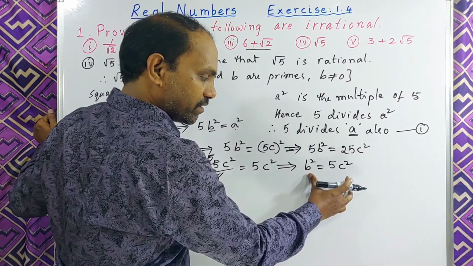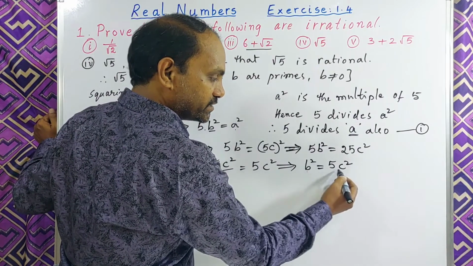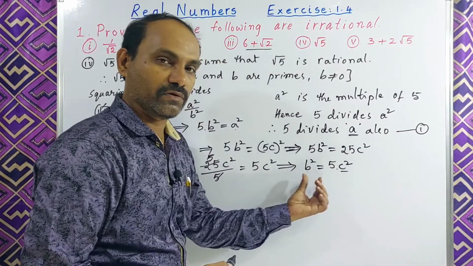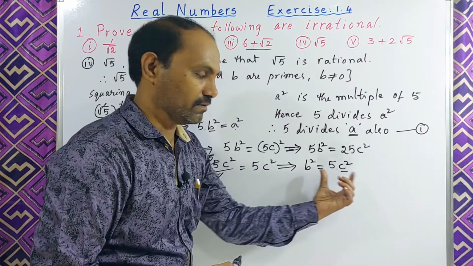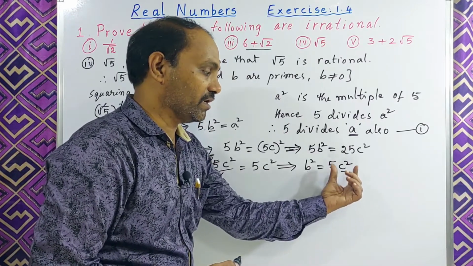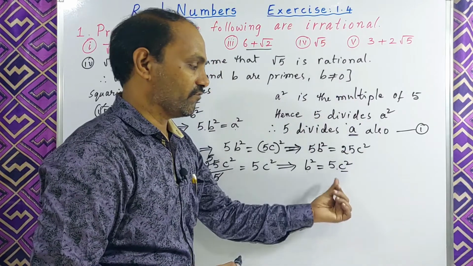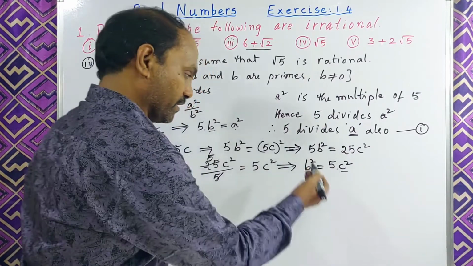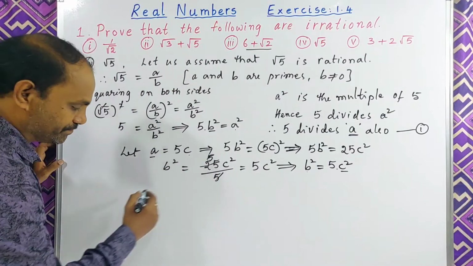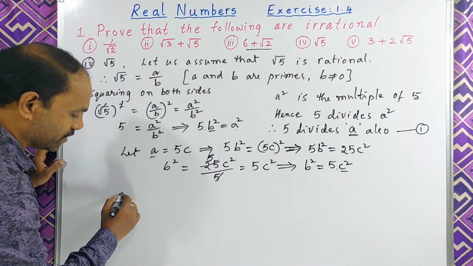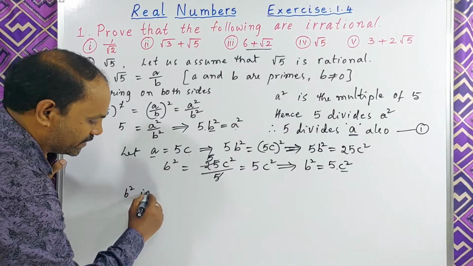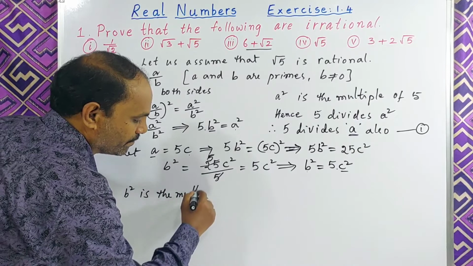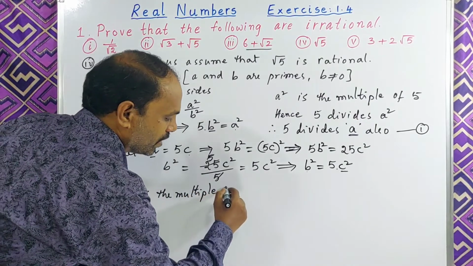Look once here also, b square is equal to 5 into something, means b square is also a multiple of 5. Multiple of 5 means same like this only. 5 divides b square. 5 divides b square means 5 divides b also. So b square is a multiple of 5.